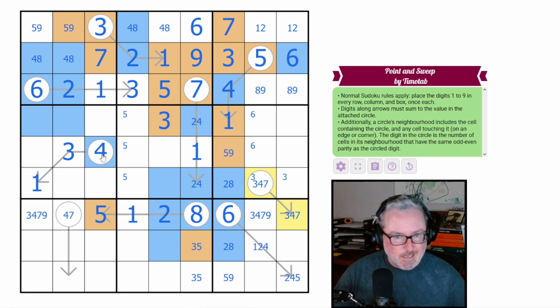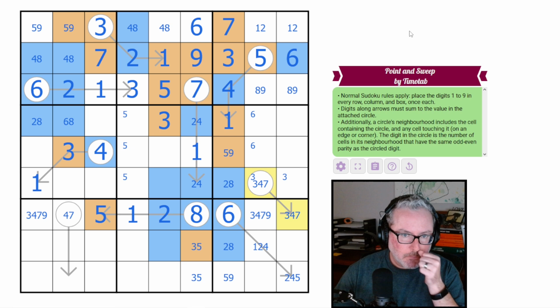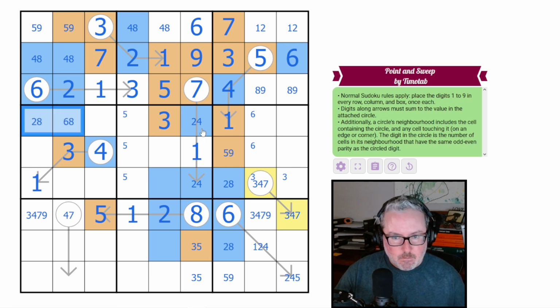What else we got? This is odd in a neighborhood, so we will color it. We know one of these has to be even. 6 and 8. This is not 2. This is not 6. We can only get 1 more even in this row. That's odd. That's odd. We might have to go into finishing the coloring.